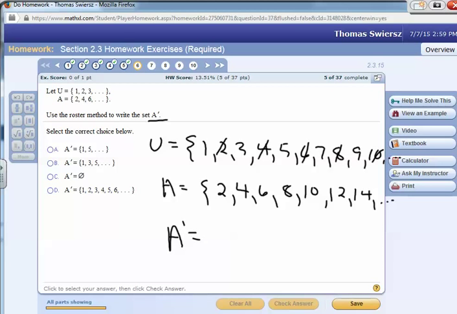What's left is A complement, so it's going to be 1, 3, 5, 7, 9, and obviously it's going to keep on going, because both of these sets keep on going. So it looks like the odd numbers, 1, 3, 5, and so on, dot, dot, dot. So this would indeed be the correct answer: the set of odd counting numbers.